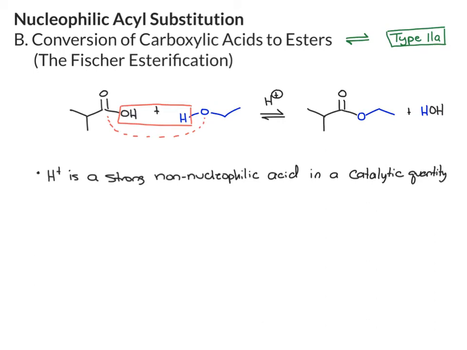And the catalytic quantity, because it is just a catalyst. So the most common non-nucleophilic acid, that's just going to be sulfuric acid, because that gives us the proton, but HSO4 minus, that is non-nucleophilic. Compared to like HCl, where H plus comes off of HCl, but the Cl minus can act as a nucleophile.